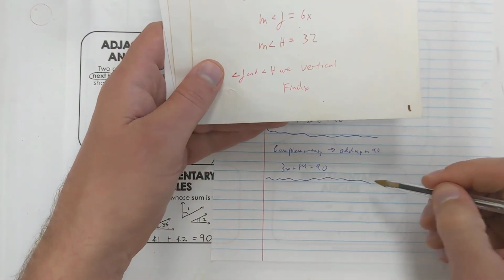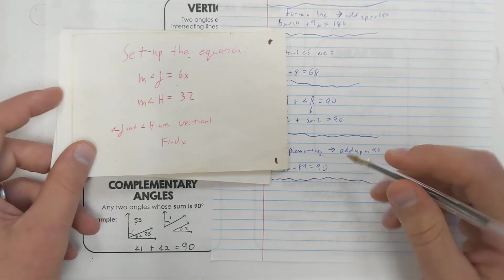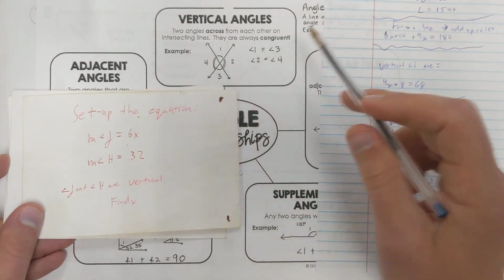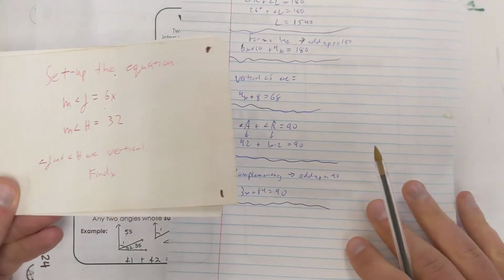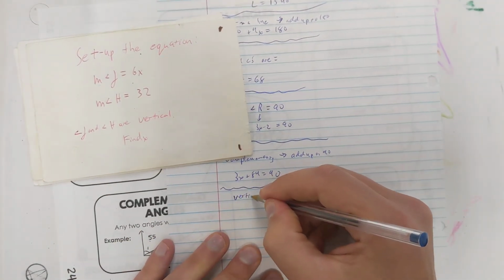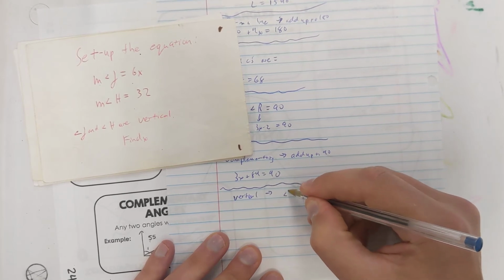This one says they are vertical. Well, let's see here. Check my notes. Vertical says they are always congruent. Another way of saying congruent is equals. So vertical results in the angles are equal.